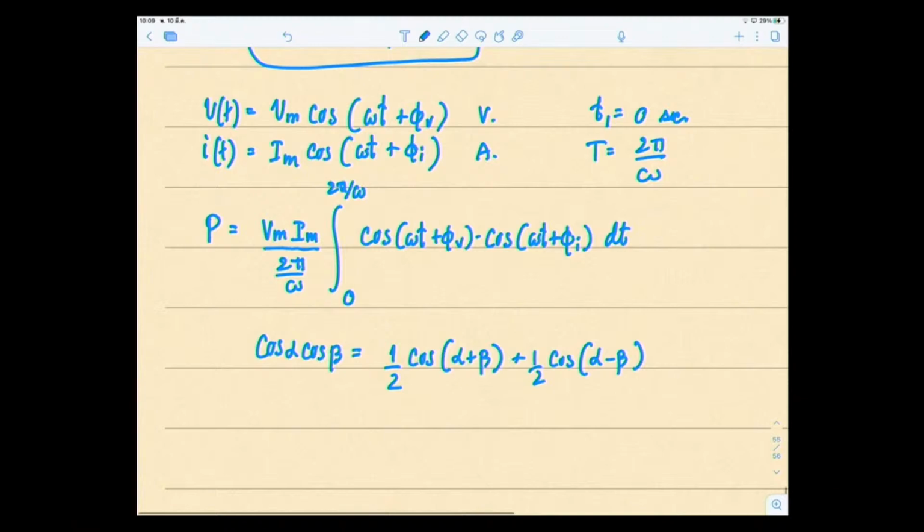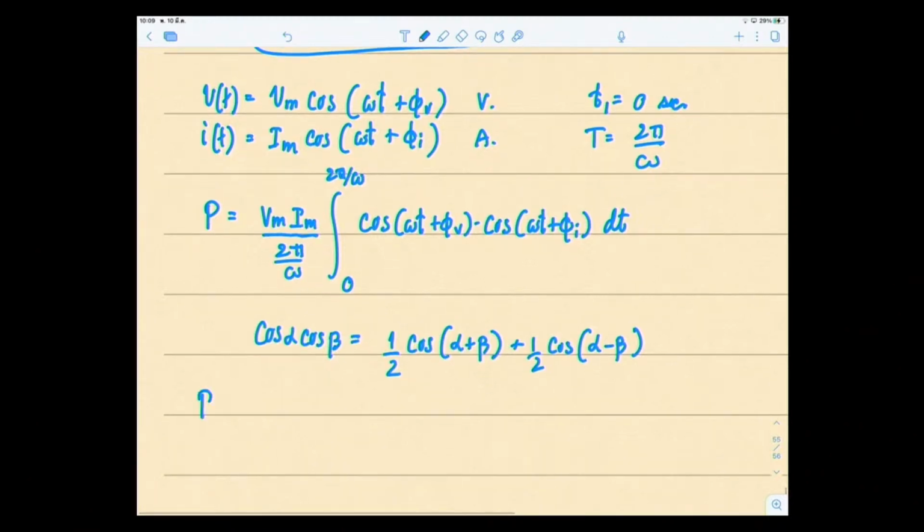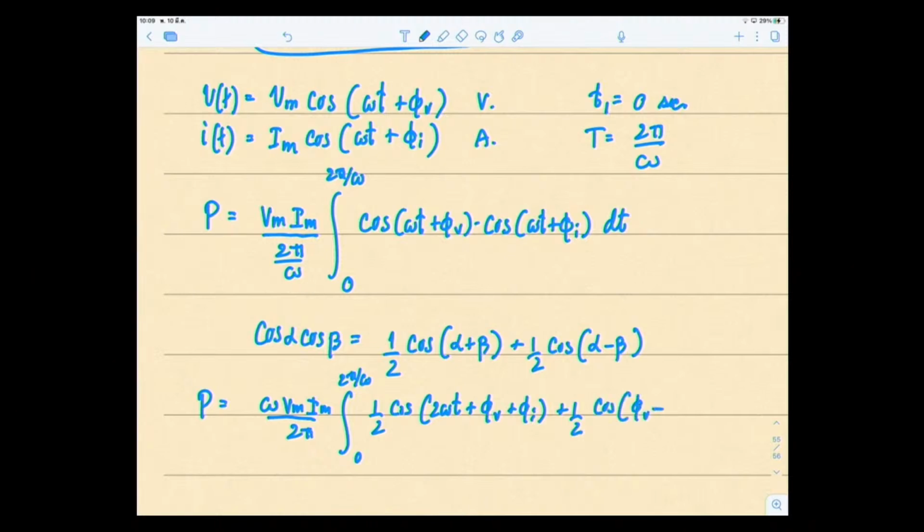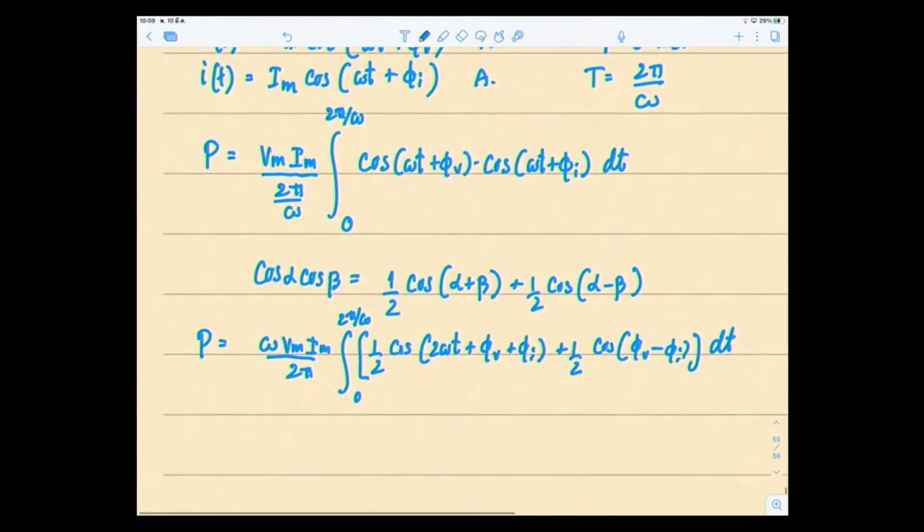So you would get average power P equal to omega Vm Im over 2 pi, integrated from 0 to 2 pi over omega, of a half cos of 2 omega t plus phi v plus phi i, plus a half cos of phi v minus phi i, dt. Be my guest.